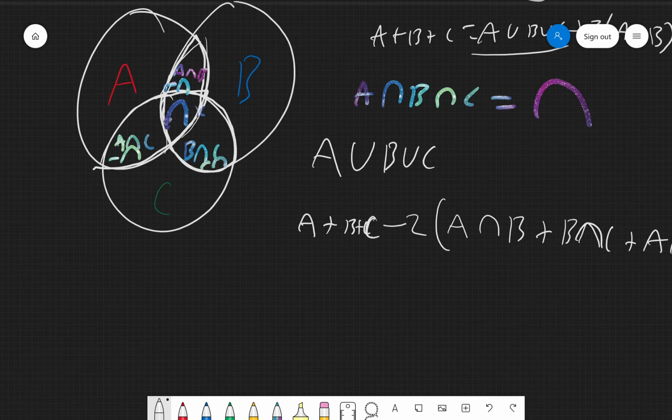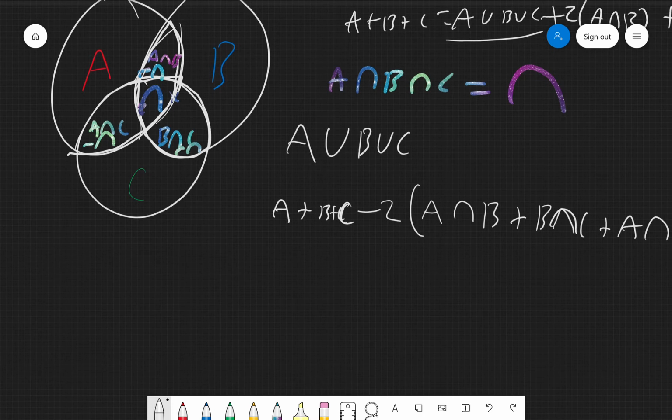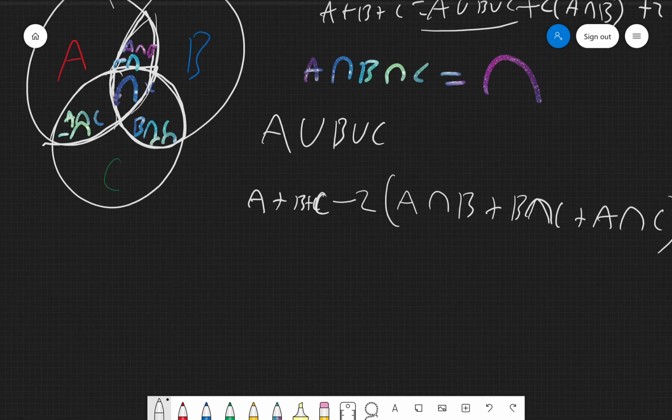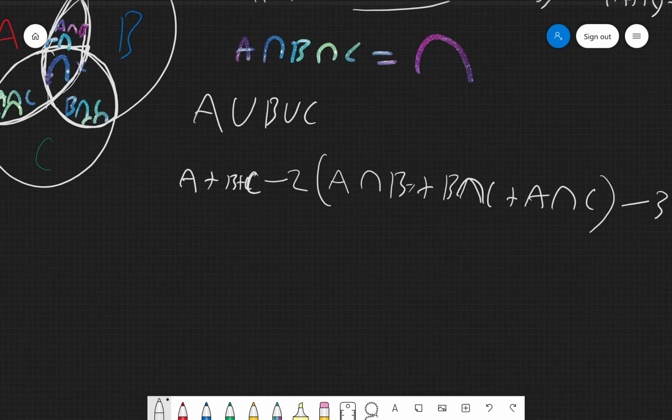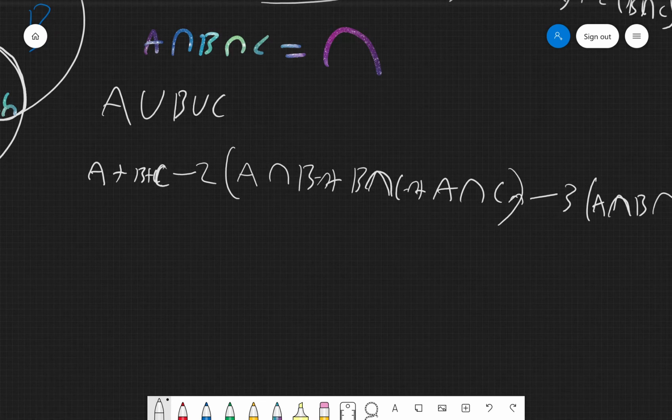So A plus B plus C. We subtract, oh, I think we have to subtract this big union, right? And then if you subtract the big union from all of them, we get minus 3, so minus 6. And then we have to add 3, I think.